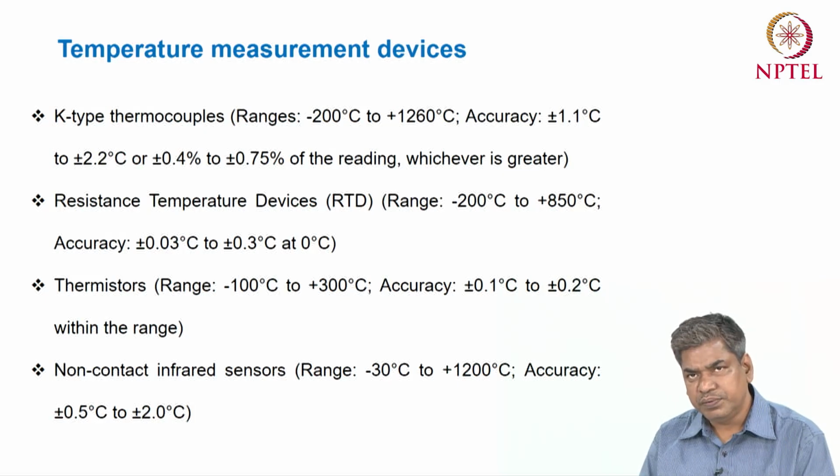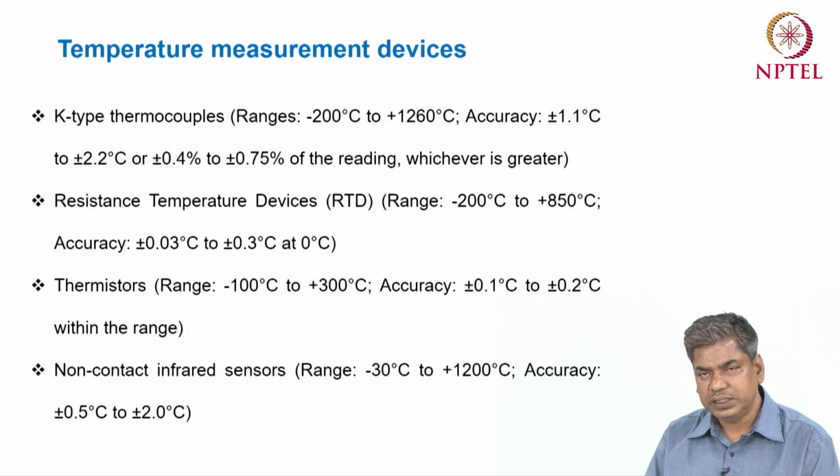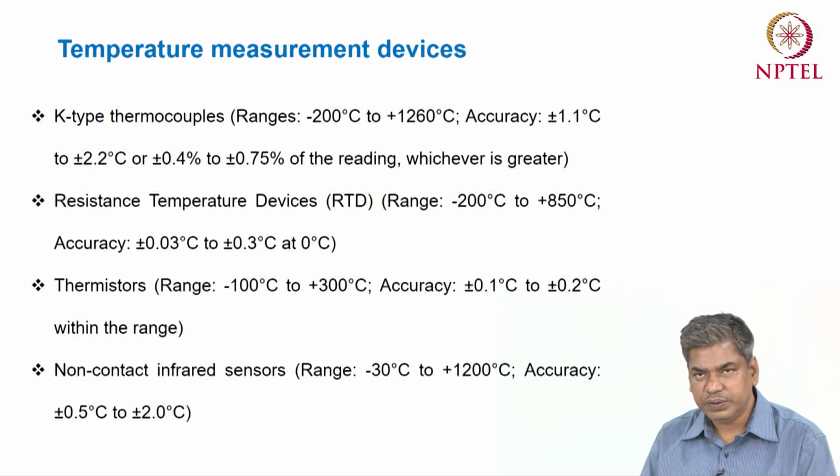So the K-type thermocouple, RTD and thermistor are all three contact type temperature measuring devices. But in some cases if you want to use non-contact type temperature measurement devices, for that we can use an infrared sensor or infrared camera to measure the temperature. We can estimate the temperature at some place based on the infrared radiation between your sensor and that location where you want to measure the temperature.